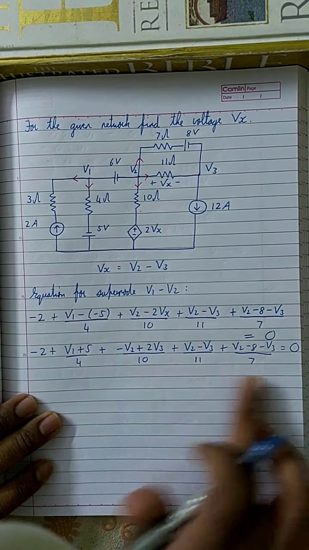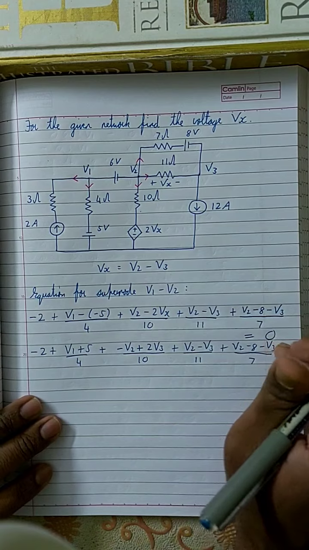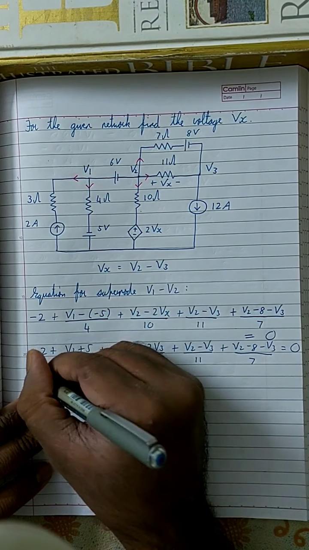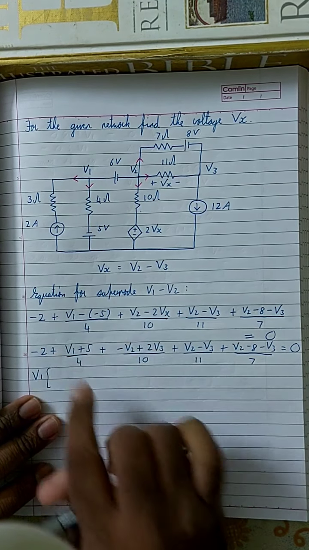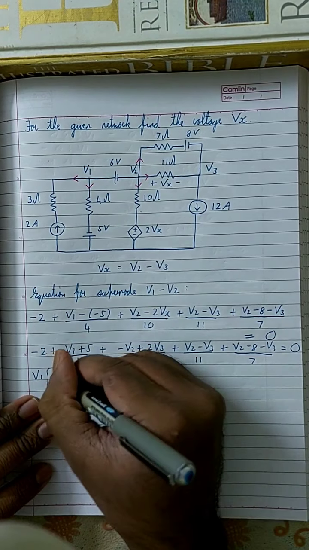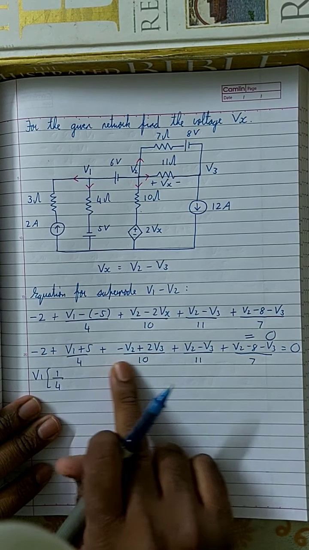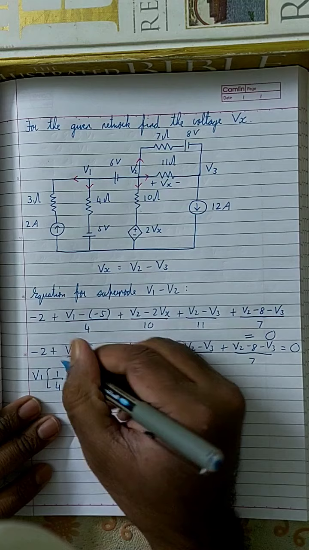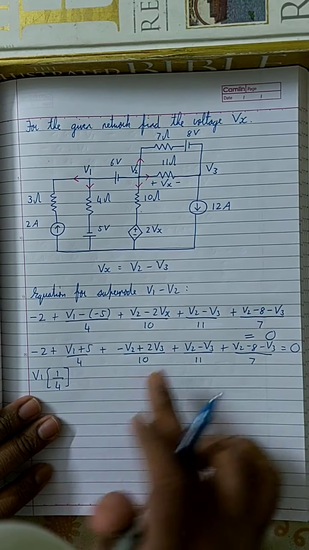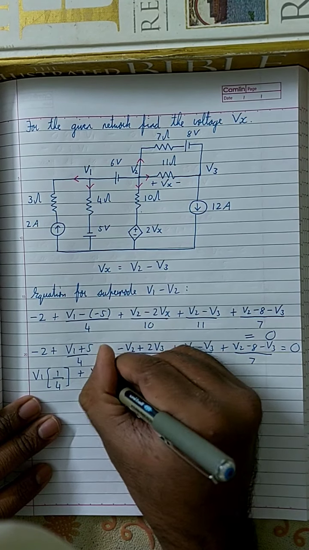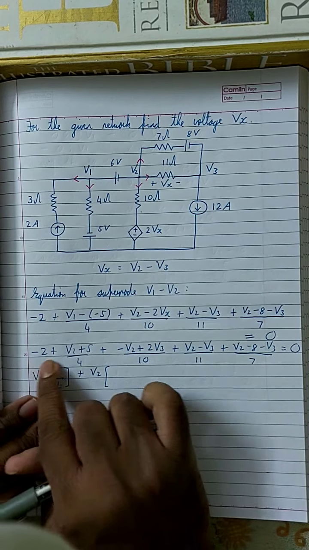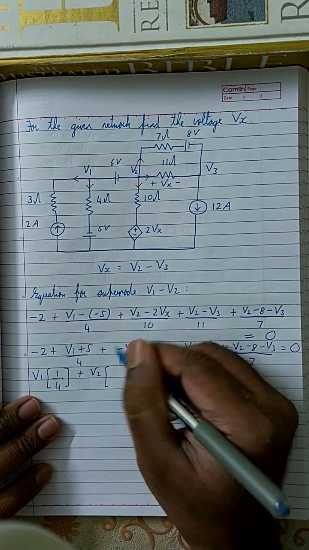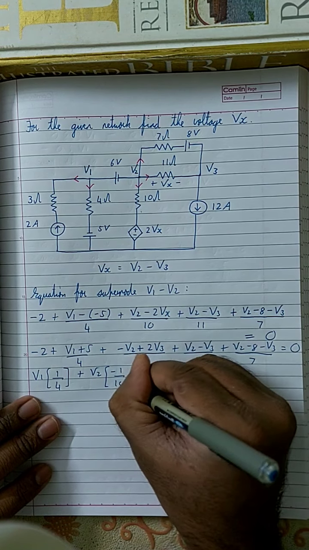Okay, so now I will separate V1, V2 and V3. First I write in terms of V1. V1 is over here, and that is 1 by 4, and there's no other V1, only over here, right? Next I'll write in terms of V2. V2 is over here. This is minus 1 by 10.